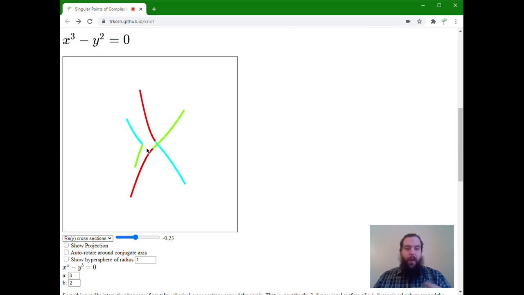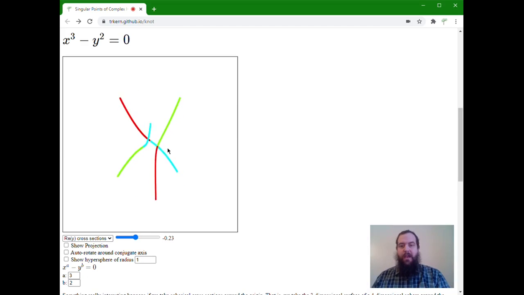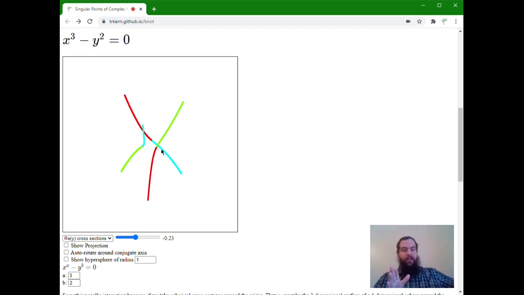So that's one way of visualizing this particular, again, it's a 2-dimensional surface within 4-dimensional space. Another way to visualize this: here we're taking cross sections, but what if we take all of those cross sections and view them all at once? This winds up being equivalent to taking a projection, right?